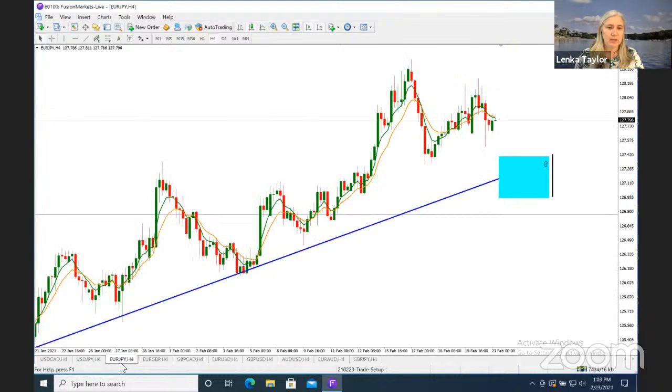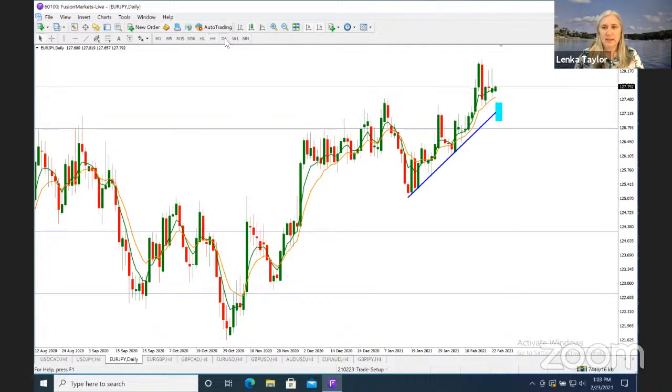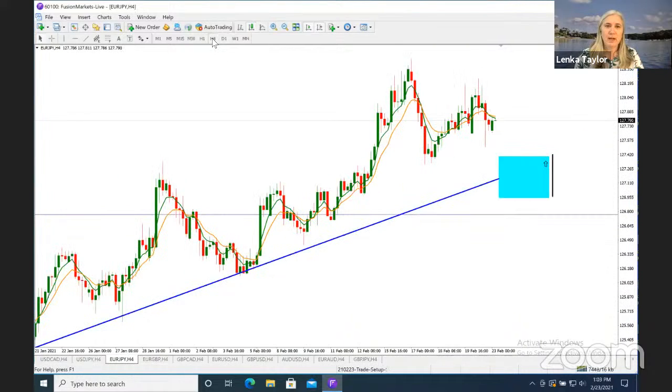So the next chart I'm going to have a look at is Eur Jpy. And this one on the daily time frame, the direction is still upward for me. So on the H4 time frame for the entry, I'm looking for the price to pull back into this area that is near the trend line.